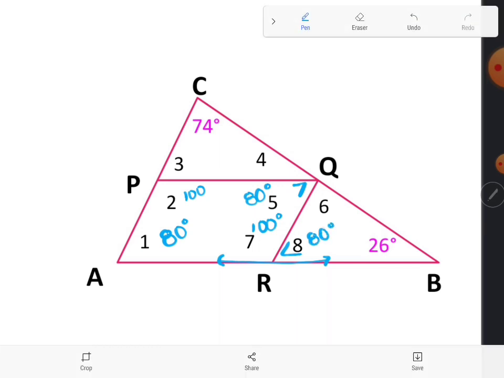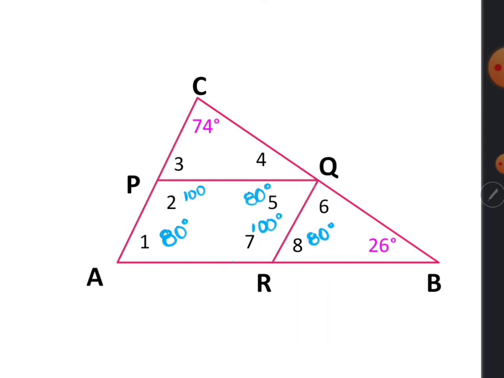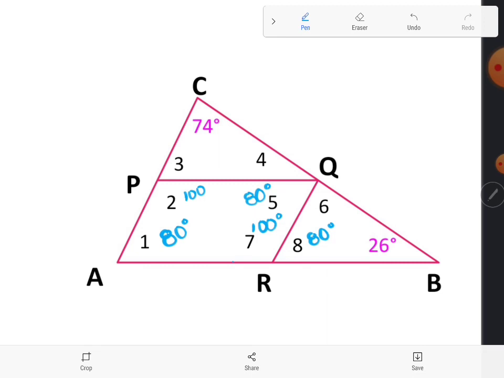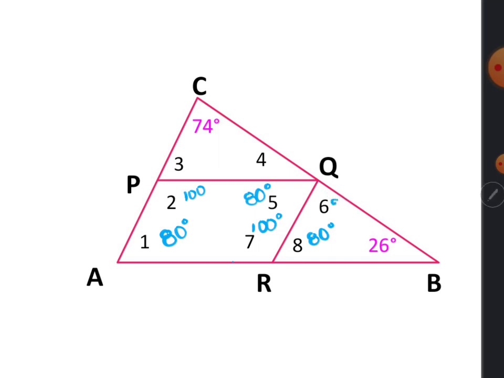And now we can solve for the small triangle right here at the bottom right hand side of our figure. So we're going to do 80 plus 26, which will give us 106, and then we'll subtract that from 180. So 180 minus 106 will give us 74, meaning the angle 6 is going to be 74 degrees.